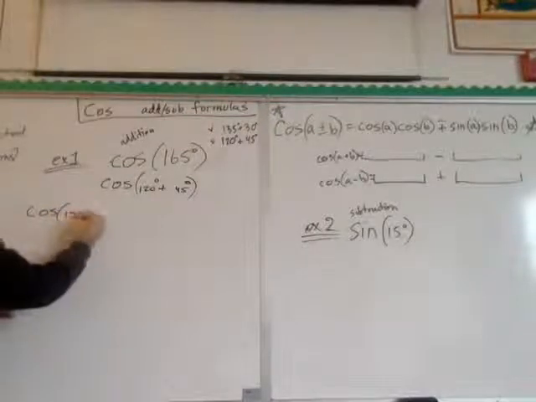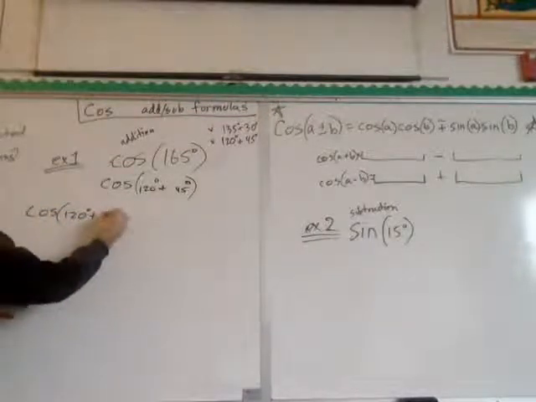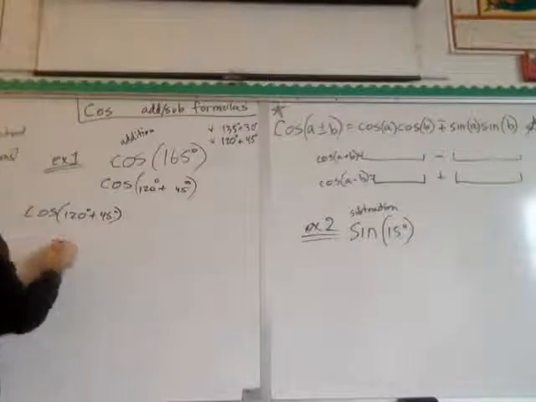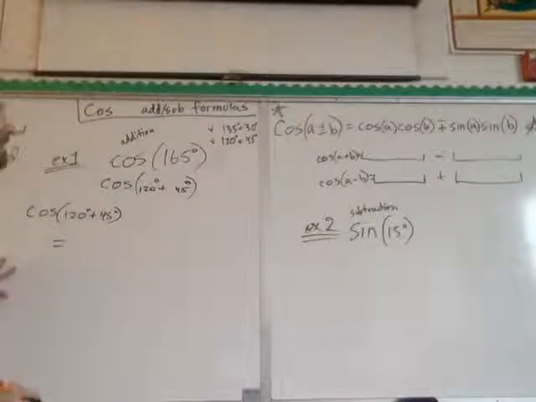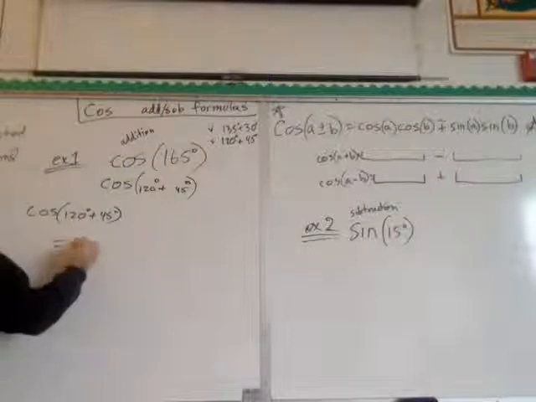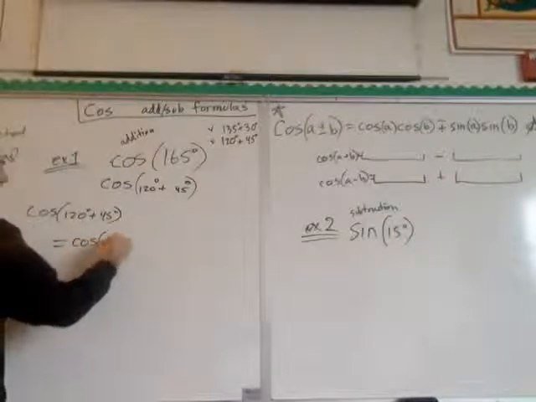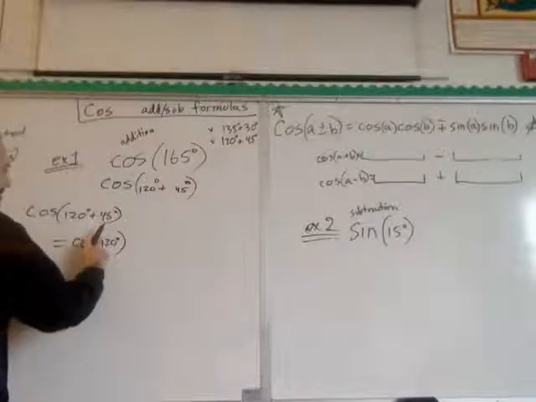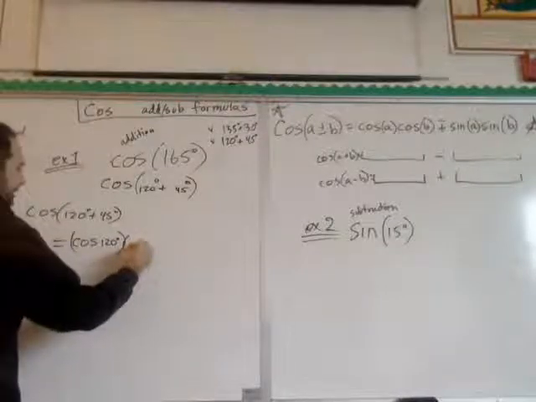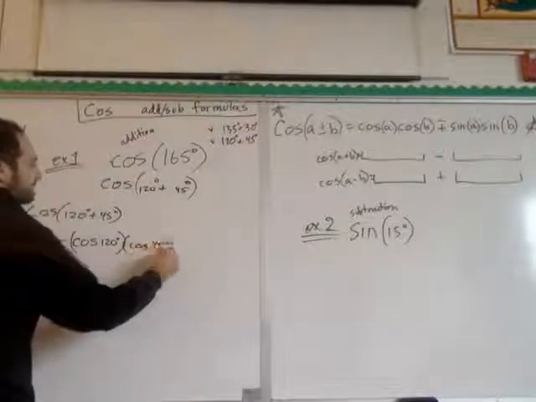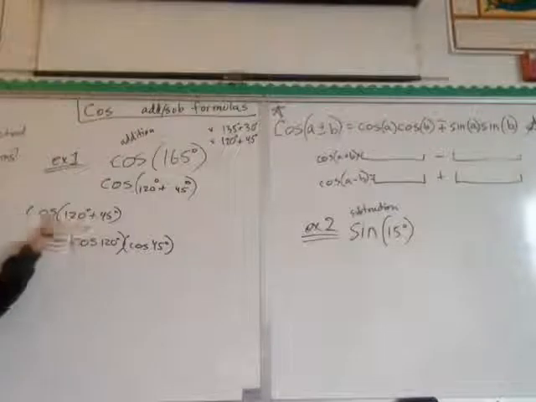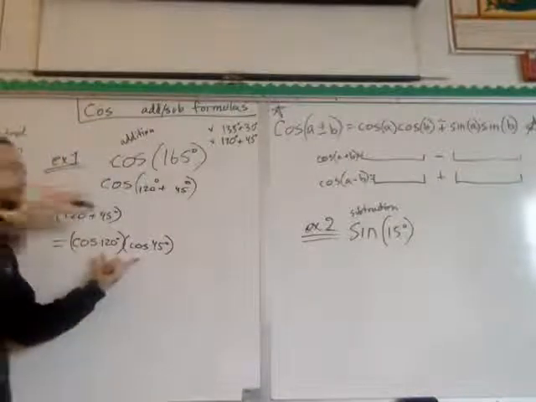Cosine 120 plus 45 is going to equal cosine A, cosine B: cosine 120 times cosine 45. And since we're adding, what am I going to put between my 2 products?